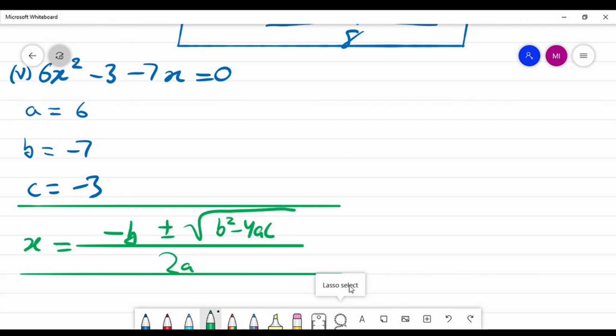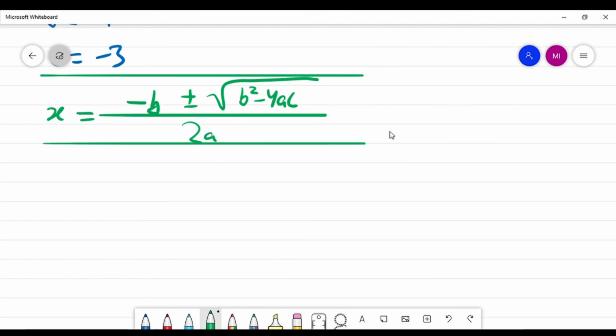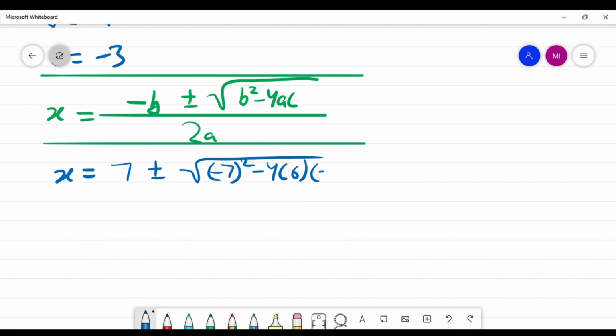So that's our formula. Let's place the values now. So x is equal to, we have negative 7, so it's going to be positive 7, plus minus under root of negative 7 squared minus 4 into a is 6 and c is negative 3, divided by 2 into a, which is 6.